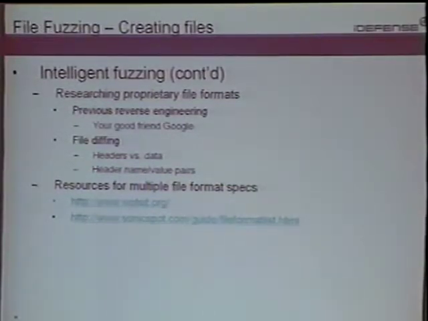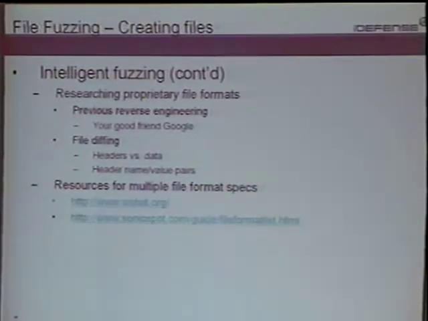If you choose to do some fuzzing on a proprietary file format, I'd encourage you, don't start from scratch, because chances are if you want to reverse engineer a proprietary protocol, somebody's done it before you. As with most security research, Google is your friend. Go out there, do some searches, chances are somebody else has some information. A simple thing that we found was helpful is just basic file diffing.